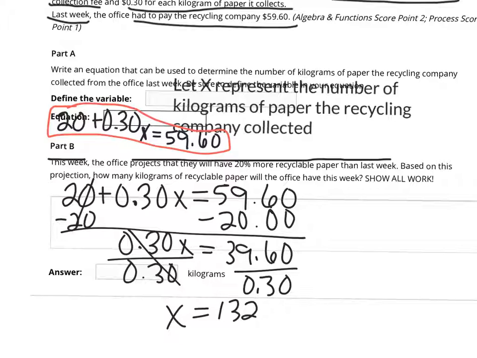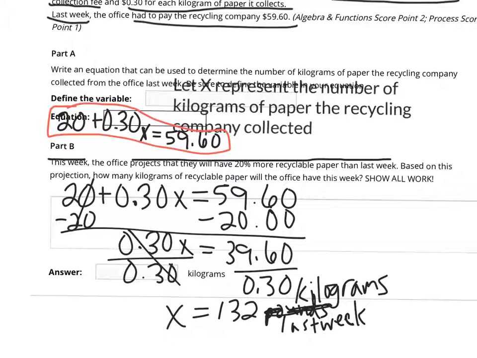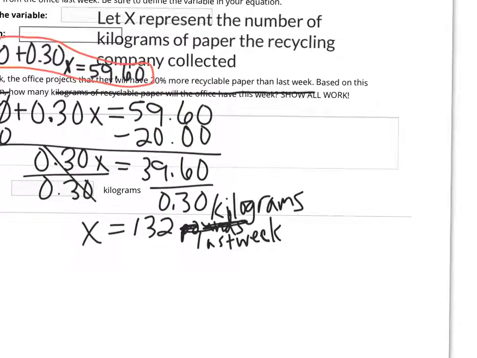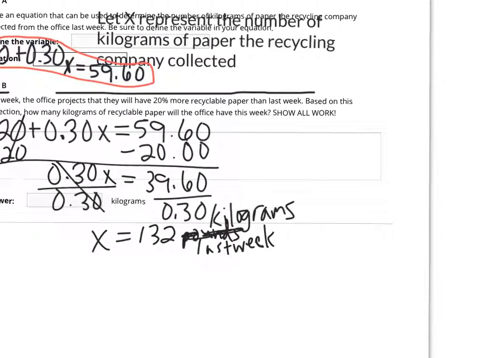So what that means is 132 pounds last week is what was collected. Or sorry, not pounds, kilograms, right? So 132 kilograms last week. This week it's going to be 20% more than that. So one way of doing this, we could find 20% of 132.